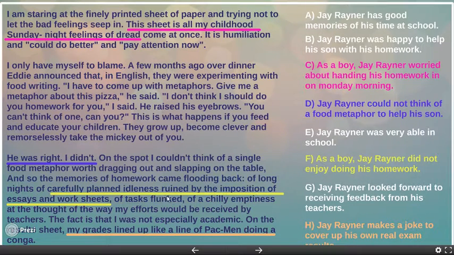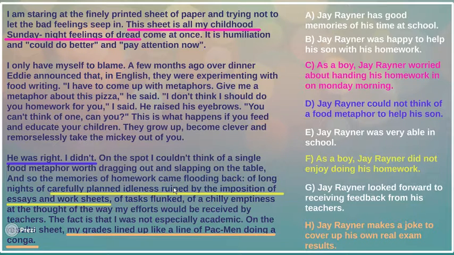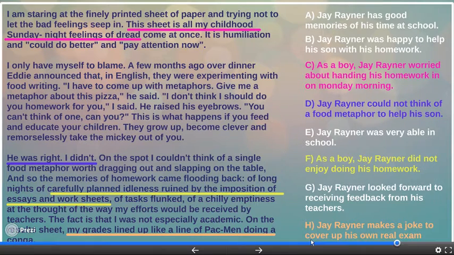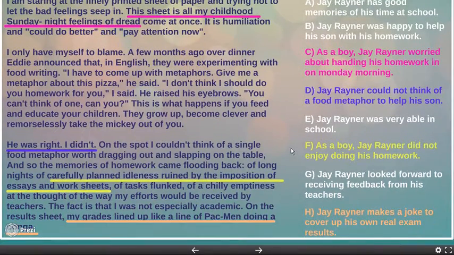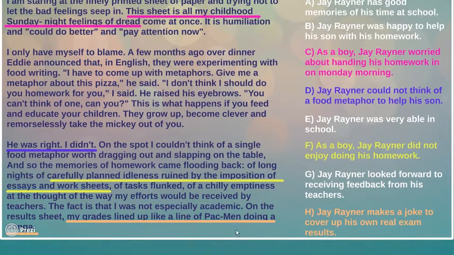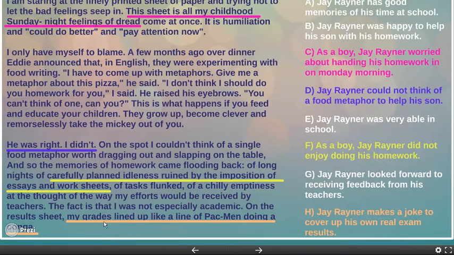Implicitly, because we've had to read between the lines here, the fact that he thought his evenings were ruined by the idea of homework definitely suggests that he didn't really enjoy doing it. And then finally, hopefully you've also selected H as a correct answer, which says Jay Rayner makes a joke to cover up his own real exam results, which he definitely does when he says that his grades lined up like a line of Pac-Men doing a conga.